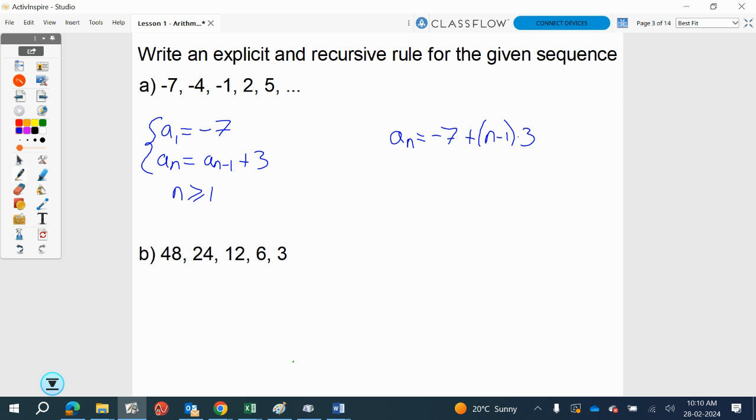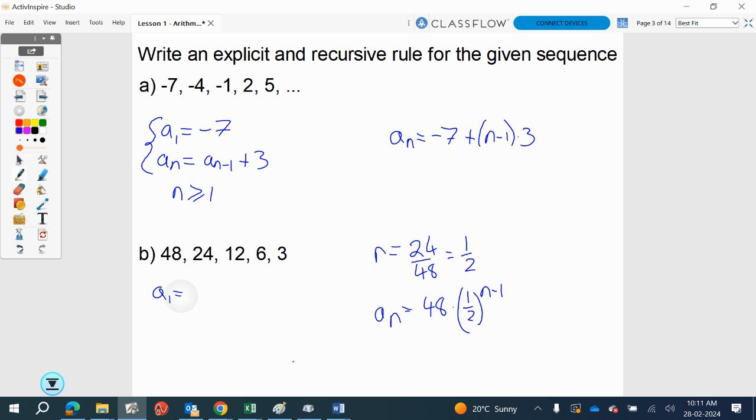The second one, arithmetic or geometric? Geometric. What is the common ratio? So typically with this, I would start with 24 divided by 48 equals a half when we find it. So An is equal to 48 times 1 over 2 to the n minus 1.